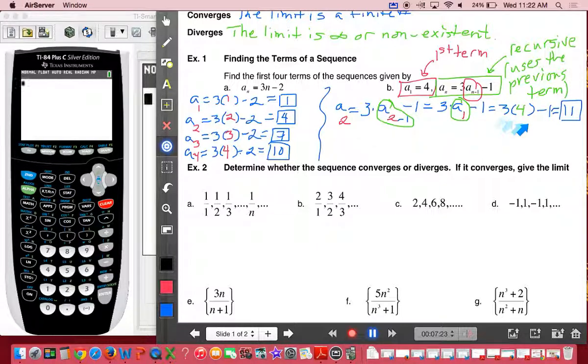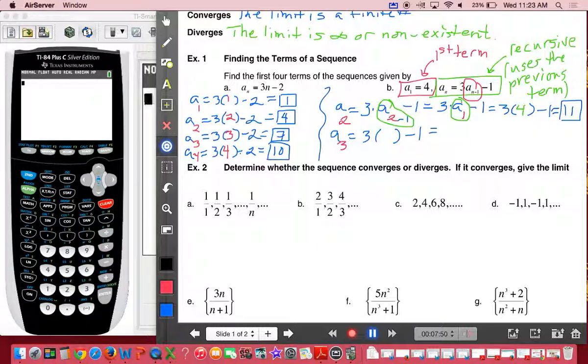So then when you go to find a sub 3, we're going to do 3 times something minus 1. This is going to be a sub n minus 1. Well, n is 3. 3 minus 1 is 2. What is the value of a sub 2? 11.